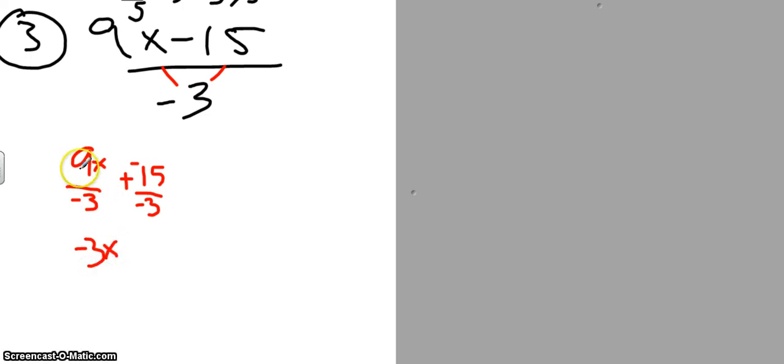So -3x here, and then we have -15 divided by -3, which is +5. Very good. So keep in mind the number one error here would be dividing only one of these two terms by the -3. Often people just divide the first term, and that's an error. This entire numerator has to be divided by that term.